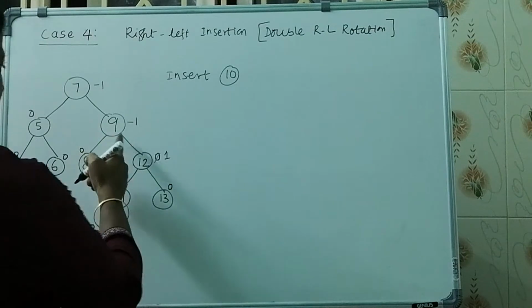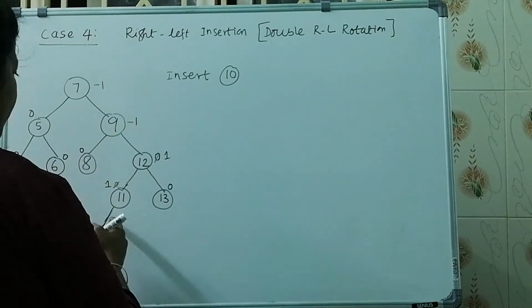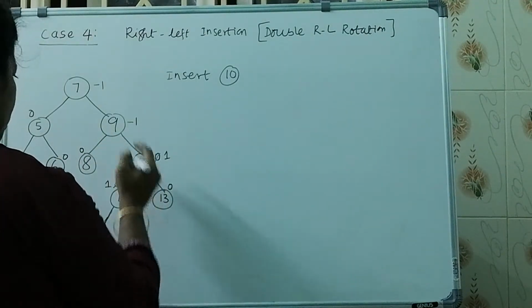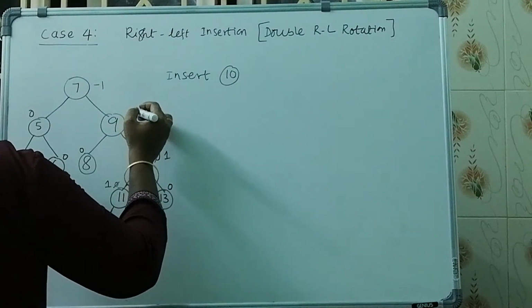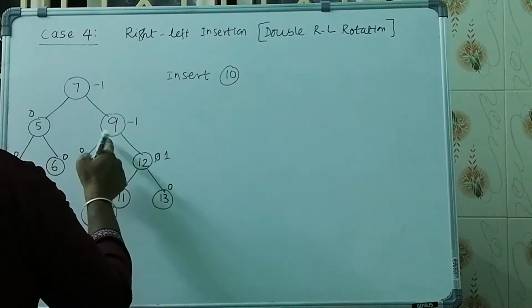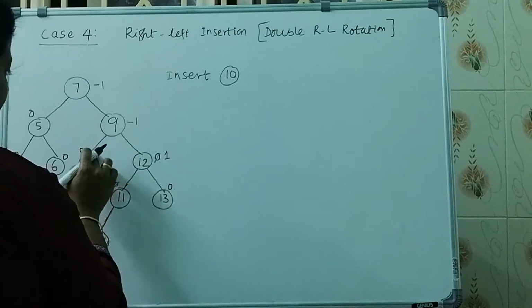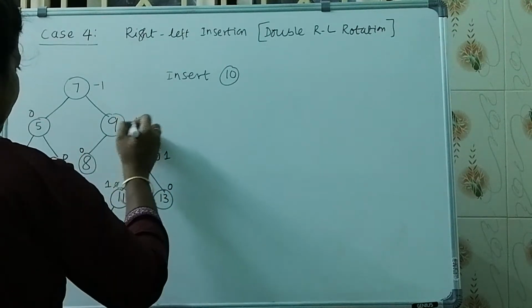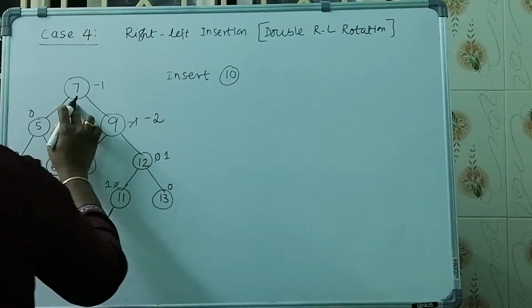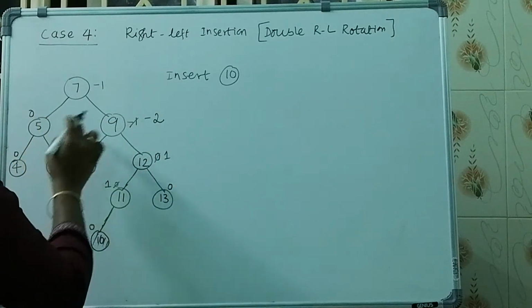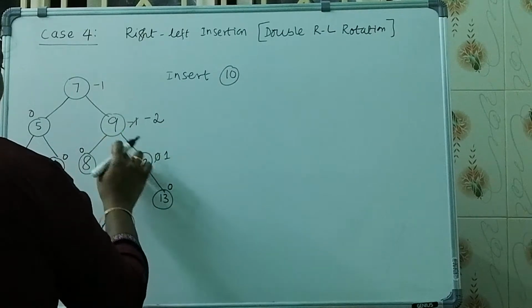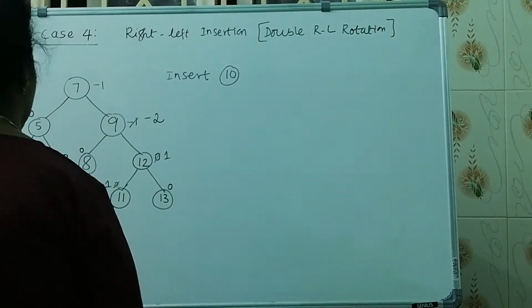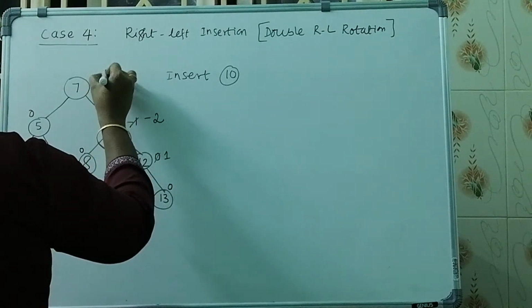Now for this, 1, 2, 3, no, sorry, this one is 1 and then 1, 2, 3, fine. 1 minus 3 is minus 2. Now for this node, the left subtree is 1, 2, and the right subtree is 1, 2, 3, 4. So here also minus 2.